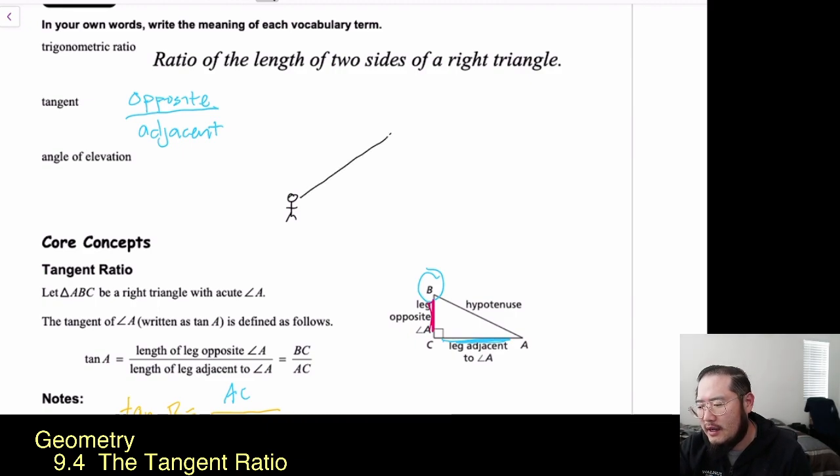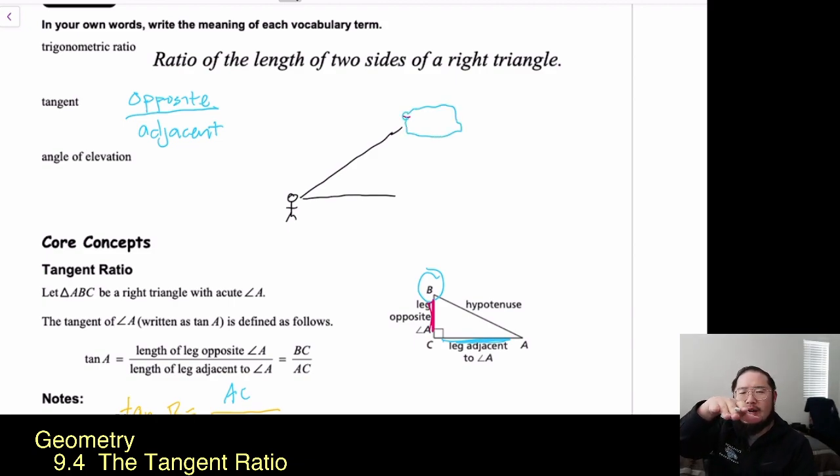Let's say there's a cloud up here. What angle is that cloud in relation to the person watching? So you look at elevation as looking up. That would be angle of elevation. If the person was looking downwards, then that would be your angle of depression. And we'll talk about that later on.